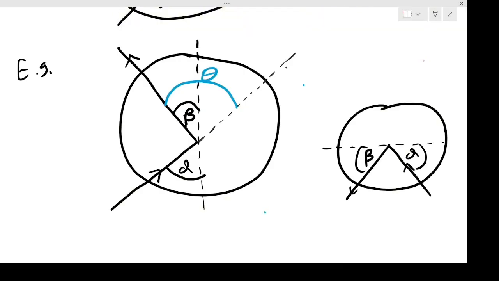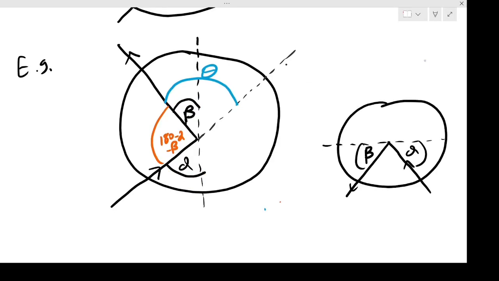To work this out, there are many ways, but one way is to say, well, actually, this angle here doesn't have any relevance, but notice the angles beta, this orange angle, and alpha are on the same line. They're on the line of centers. So if we do 180 take away beta, take away alpha, that's this angle here in orange. 180 take away alpha, take away beta. Okay, hopefully you can see that, right? Because again, they're on the same line.